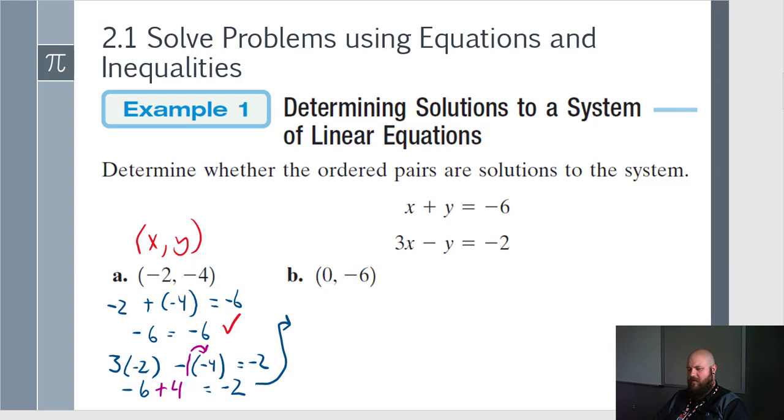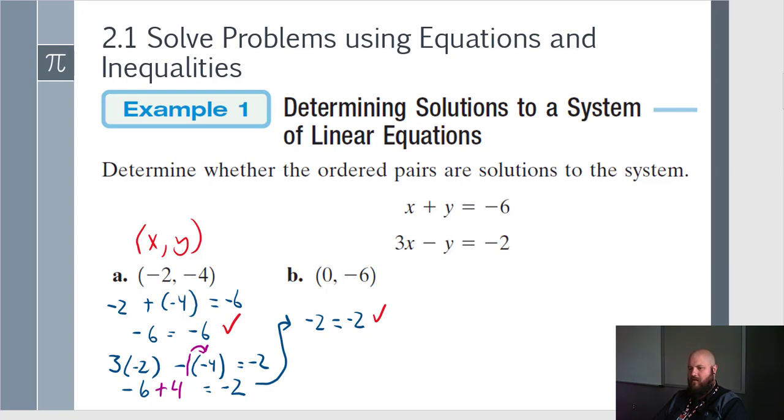So if we take negative 6 plus 4, so in other words, we're $6 in the hole, our bank account is negative 6, we get $4, well, we're still $2 in the hole, right? So you still should have negative 2 on the left, and that still equals our negative 2. So in this case, both of these values checked out. It's all good.